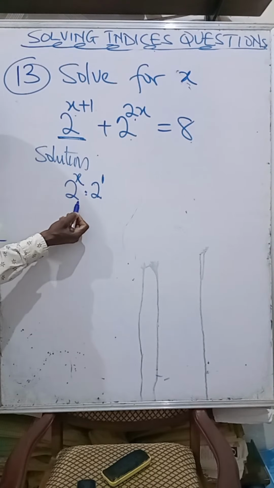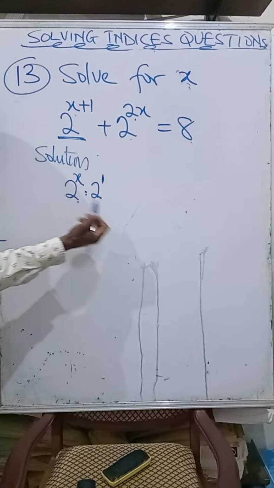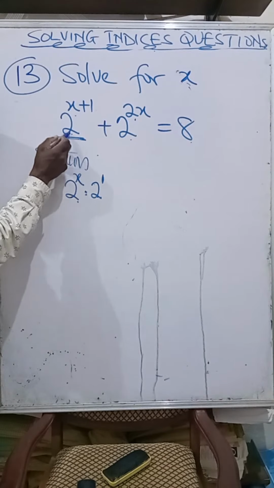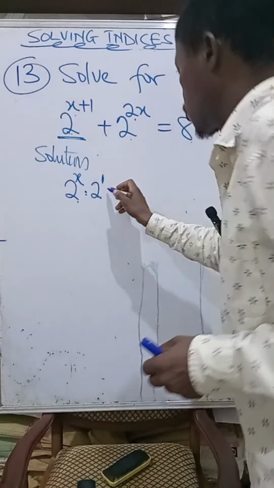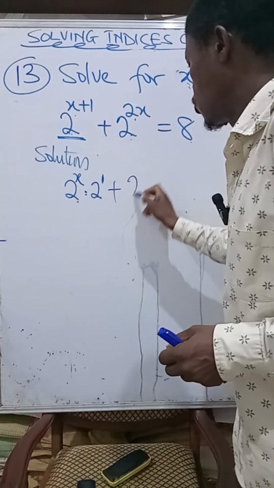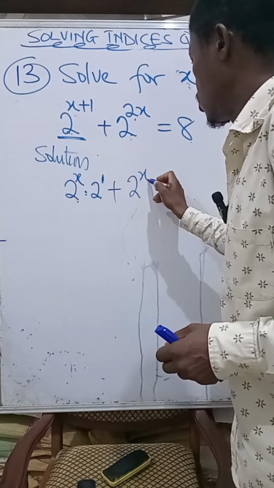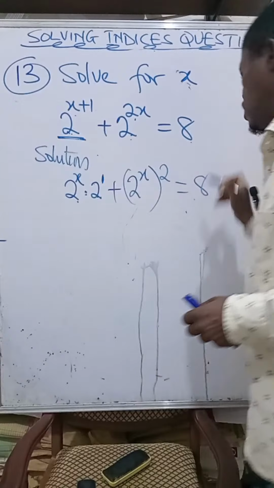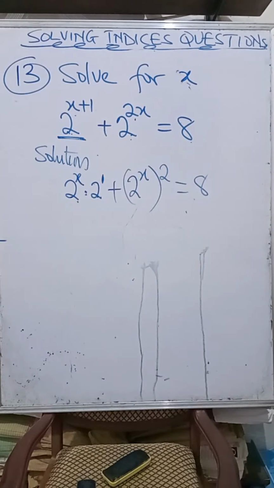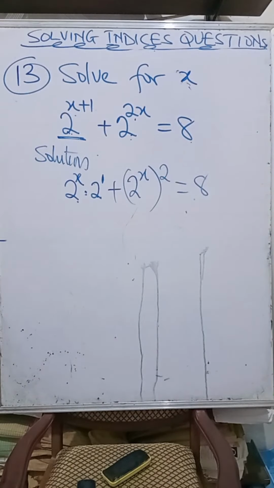If you pick one of the bases and apply the rules of indices, you get back the same expression. This one also implies 2 to the power x, and then squared, equal to 8. So that's the first thing to do in this kind of question.